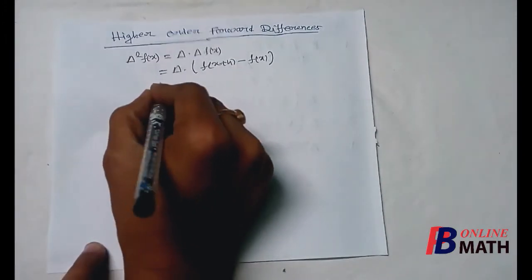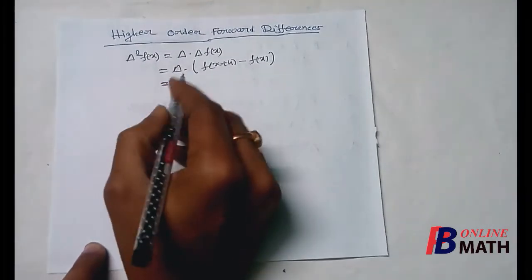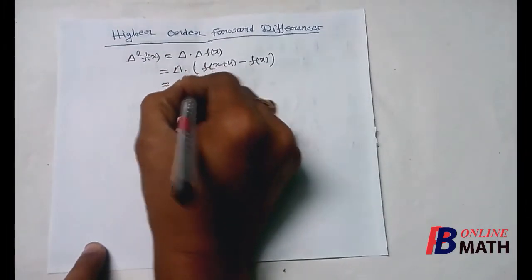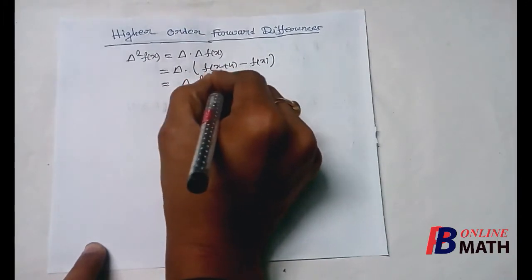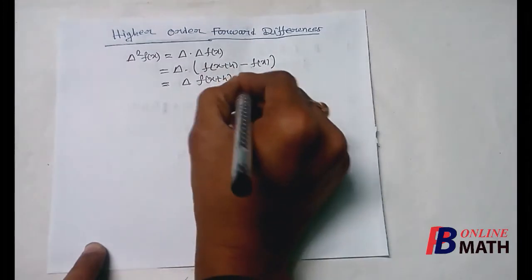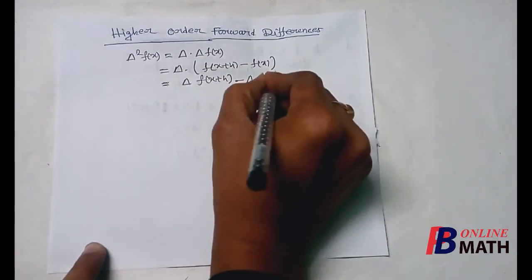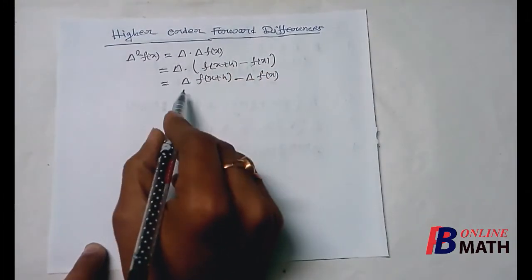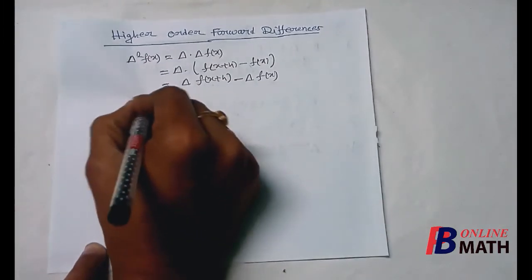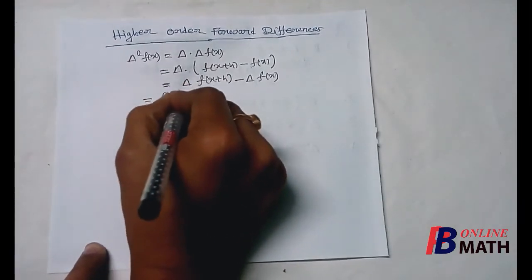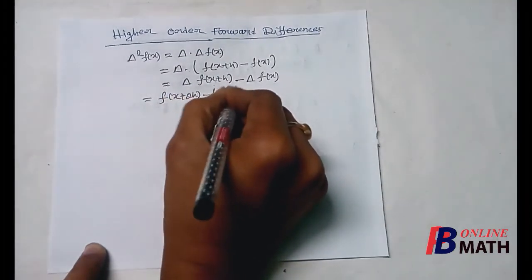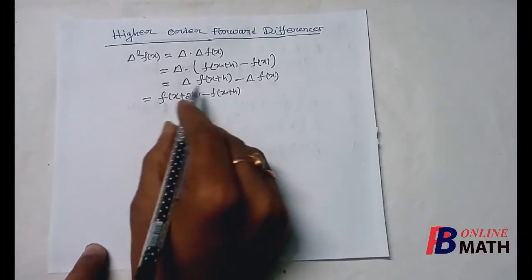Now if we apply delta on this function, this can be written as delta of f(x plus h) minus delta of f(x). Now if we apply this delta on the function f(x plus h), we shall get f(x plus 2h) minus f(x plus h). This is the definition of delta.